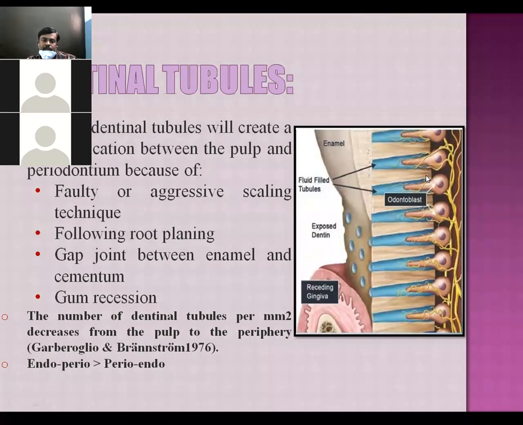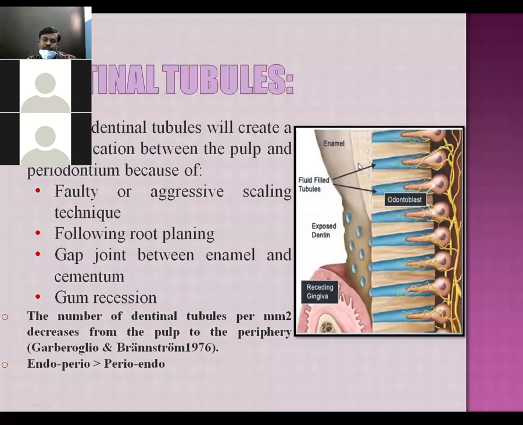Coming to dentinal tubules, they create a communication between your pulp and periodontal tissue. Whenever you do aggressive scaling and root planing, you expose the dentinal tubules. In recession, the gap junction between the enamel and dentinal tubules is exposed to oral fluid.